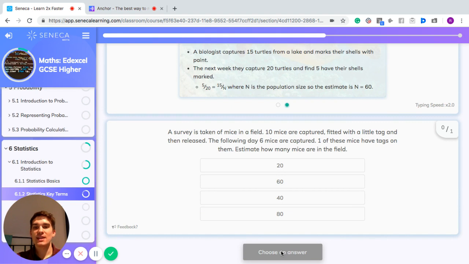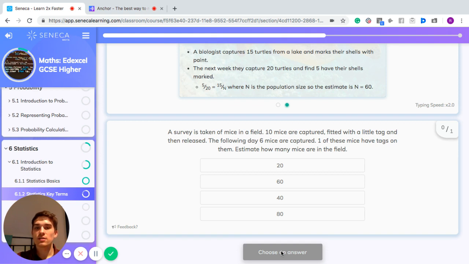So a survey is taken of mice in a field. 10 mice are captured and fitted with a little tag and then released. The following day, 6 mice are captured and one of these mice has a tag on it. How many mice can we estimate are in the field?